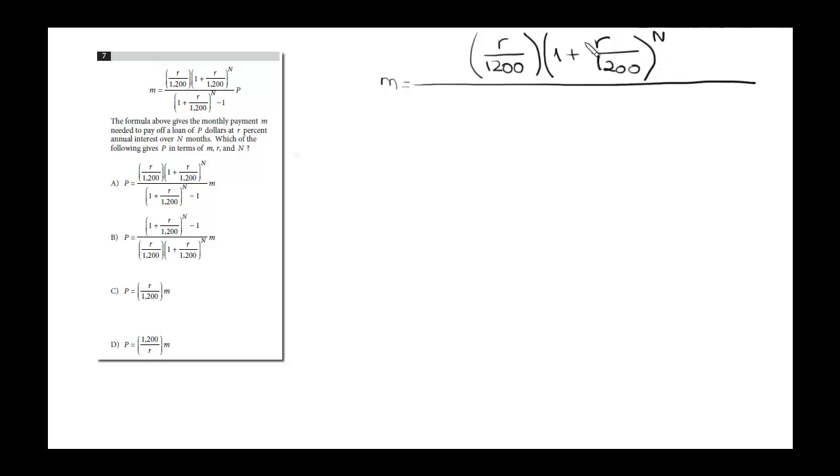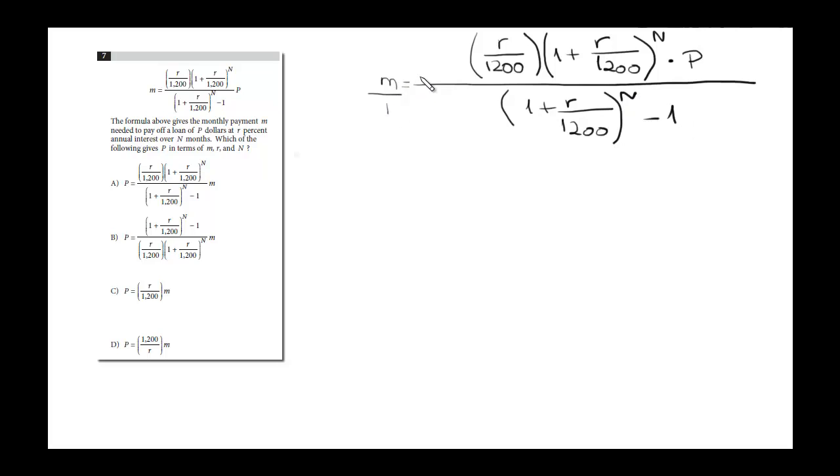The whole fraction is multiplied by p. It means we can write at the numerator times p over 1 plus R over 1200 power n minus 1.